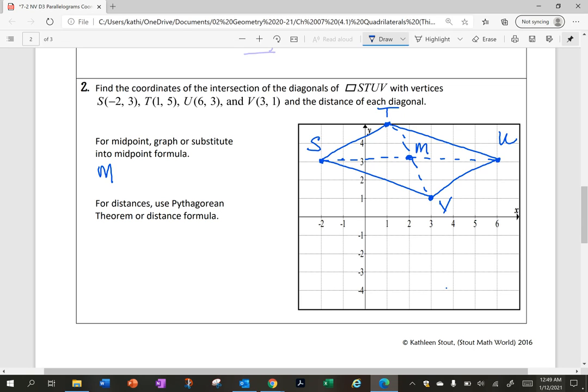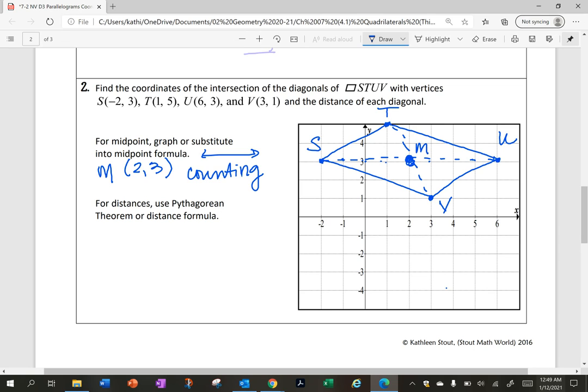I have 1, 2, 3, 4, 5, 6, 7, 8. If I count 1, 2, 3, 4, I'm here. So the coordinates for M are at 2, 3, and I came to this conclusion just counting, because I have a horizontal line.